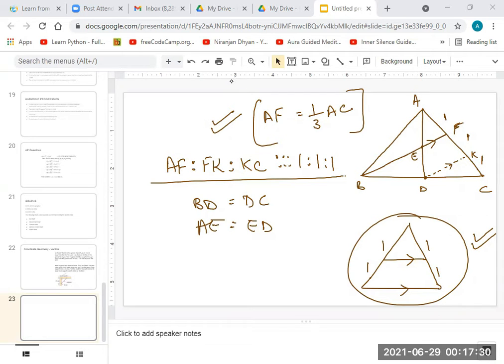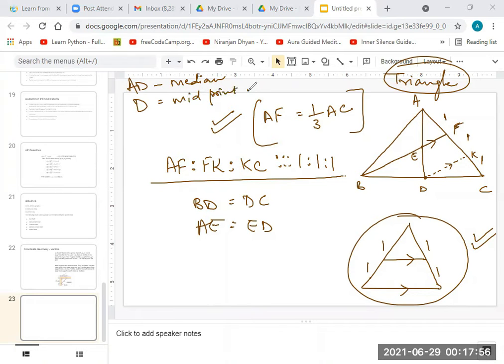We have Christine. Okay, Christine, hi. I gave a question. We have a triangle ABC, which has a median AD. So AD is the median, and D is the midpoint of BC.